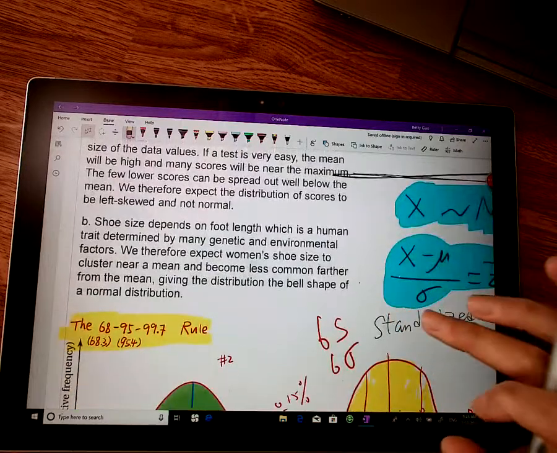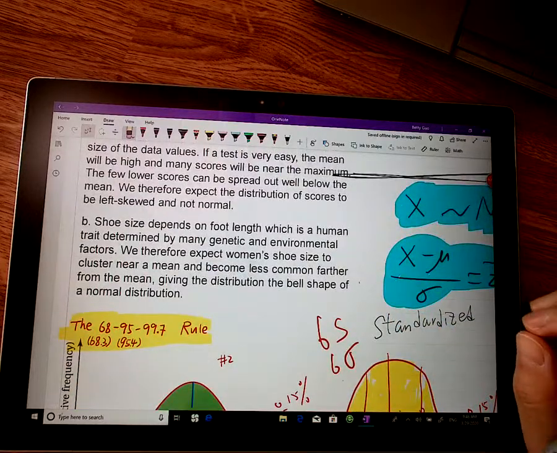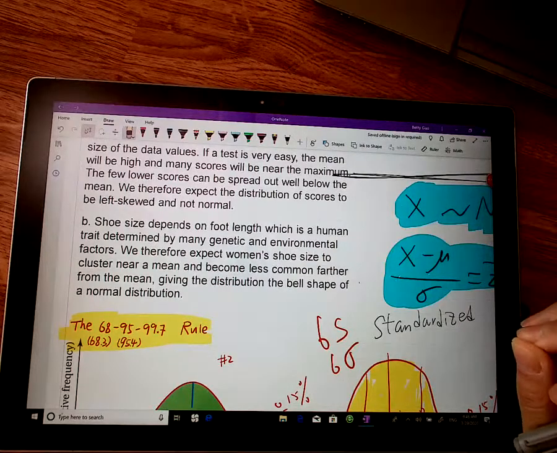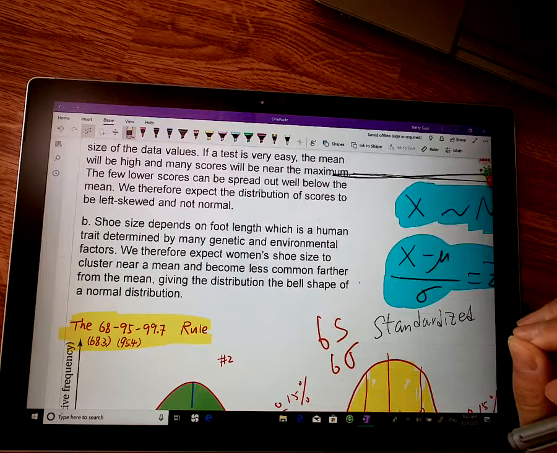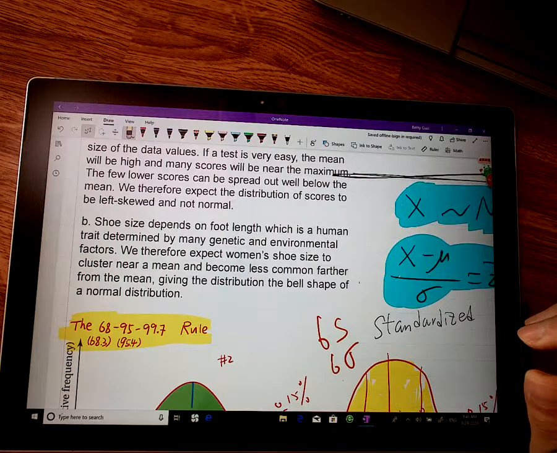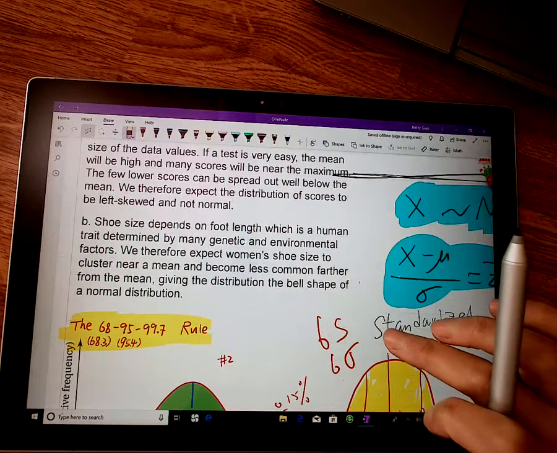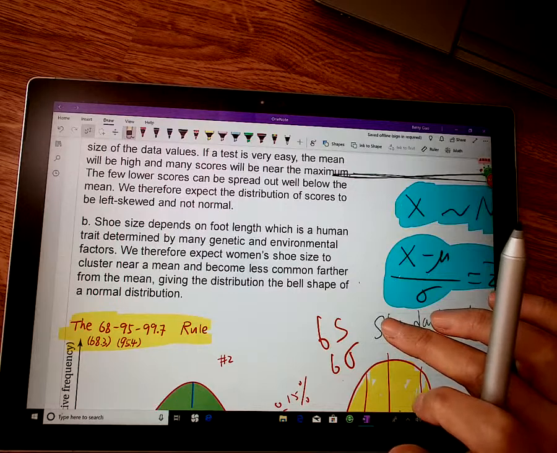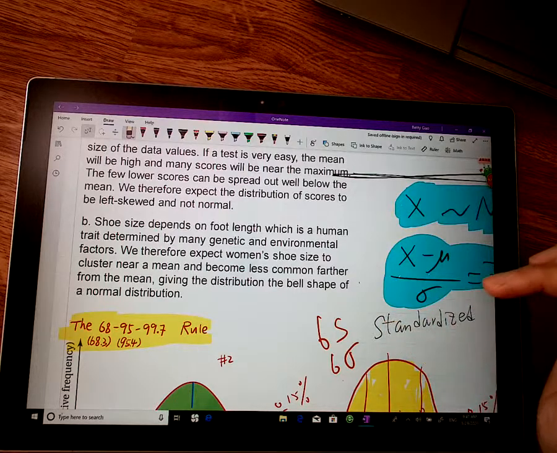Part B, shoe size depends on foot length, which is a human trait determined by many genetic and environmental factors. We therefore expect women's shoe size to cluster near a mean and become less common farther from the mean, giving the distribution the bell shape of a normal distribution.